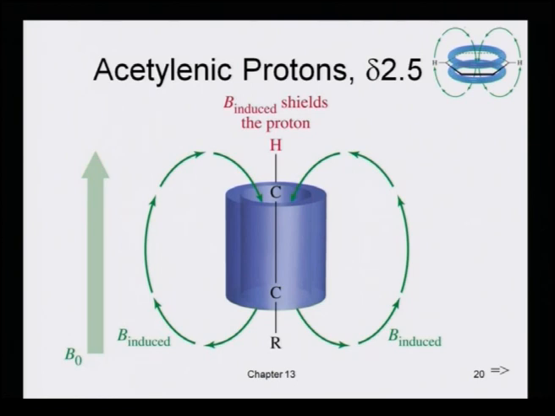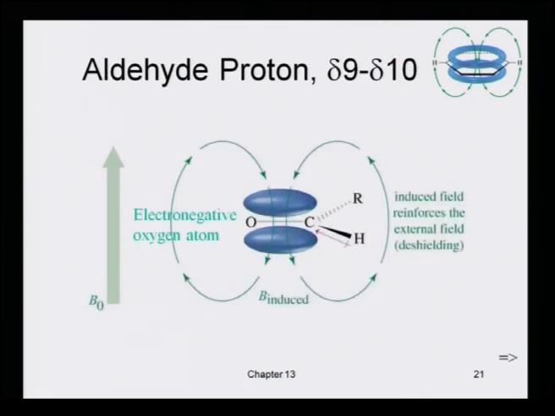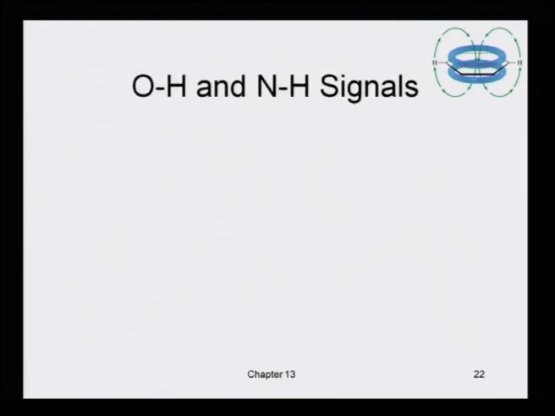Acetylenic protons also have a similar kind of induced deshielding, and therefore, it is shifted to a delta value of 2.5 or so. Similarly, aldehyde protons get deshielded even more because of the electronegative oxygen atom, which reinforces the external field further, and therefore, the value goes up to 9 to 10.